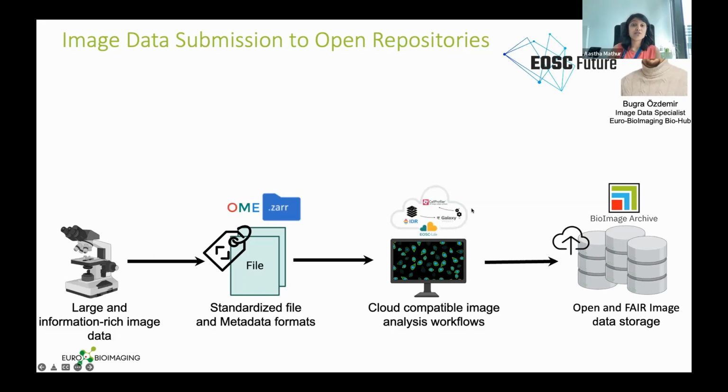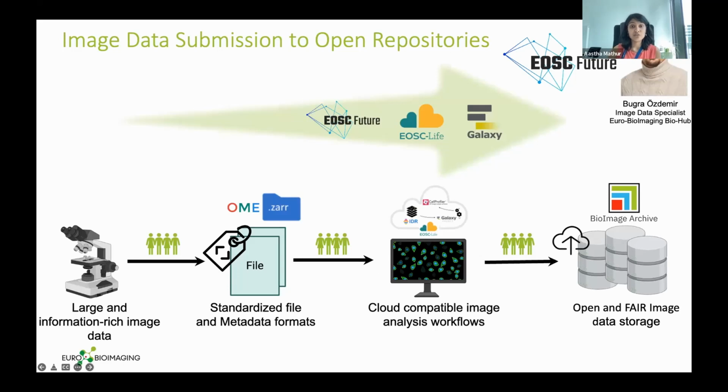In addition, we're going to make use of the things that we did in the EOSC-Life project, like I talked about before, and use the modules from CellProfiler to do some image analysis, and then eventually push this data to the BioImage Archive. This process would, again, be implemented in Galaxy as a Galaxy pipeline. And here we're really trying to enable that the whole community benefits from each and every step in this workflow.